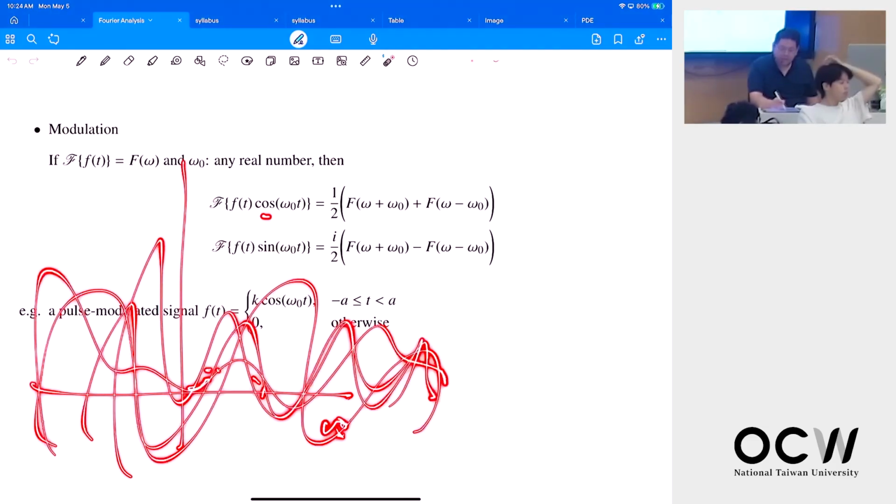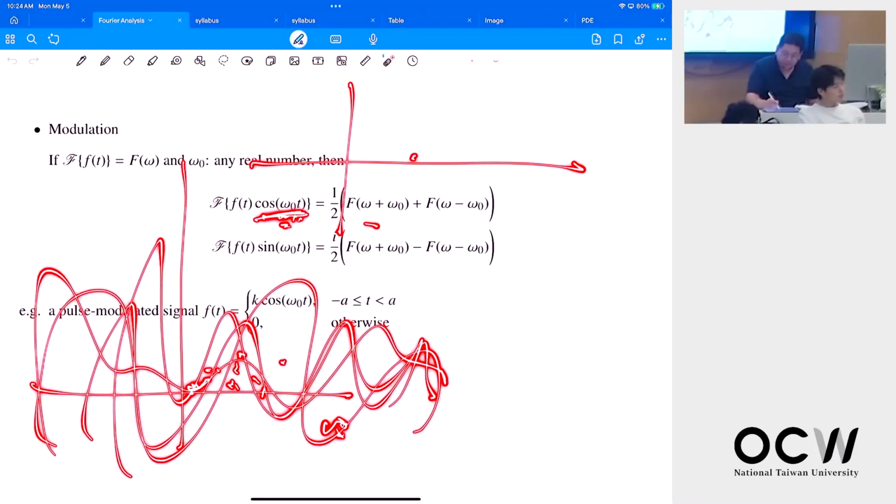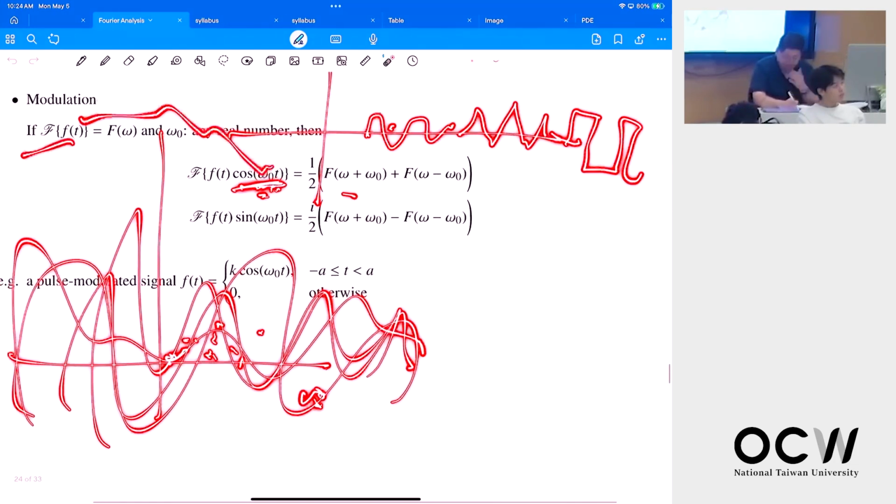But if I multiply by cosine omega naught t, then I can extract those signals because they will shift to the right and to the left. So in this case, they may shift to the right, and then I have different signals, and so on here in the left-hand side.